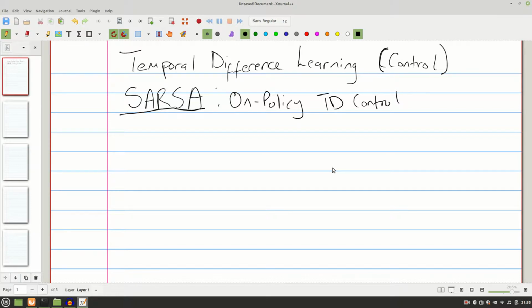When I'm talking about action values, of course, I'm referring to state-action value pairs. So our focus here is on action values, and that means what we're trying to estimate is q pi of s comma a.